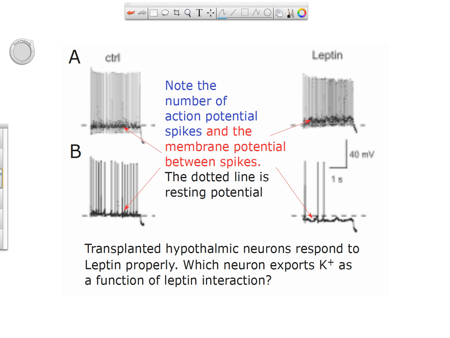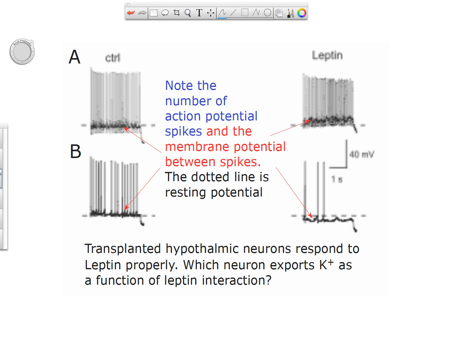Given the mechanisms that we just discussed, the mechanisms by which weight gain circuit cells and weight loss circuit cells are regulated by leptin, read this question. Note the number of action potential spikes. Number of action potentials is seen by how many of these spikes occur. And the membrane potential between spikes.